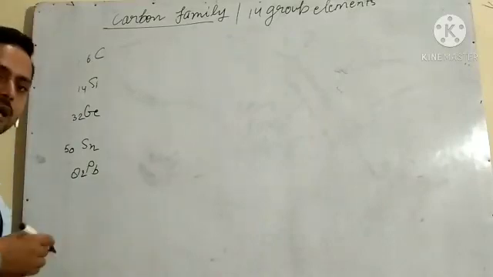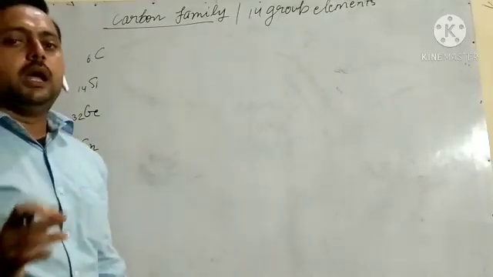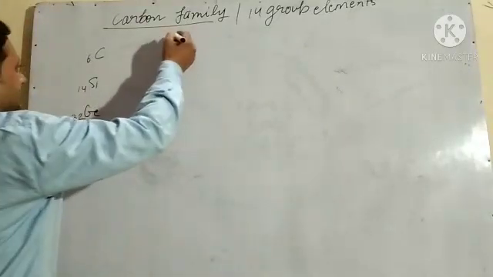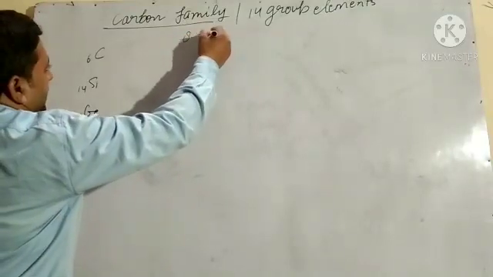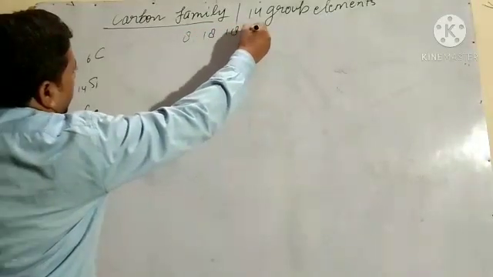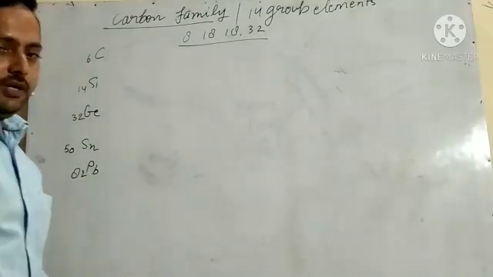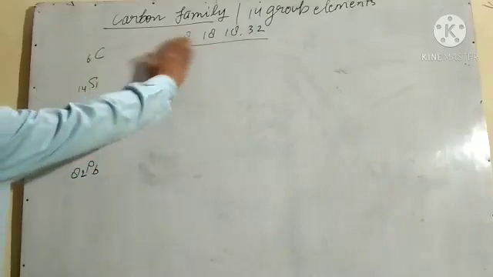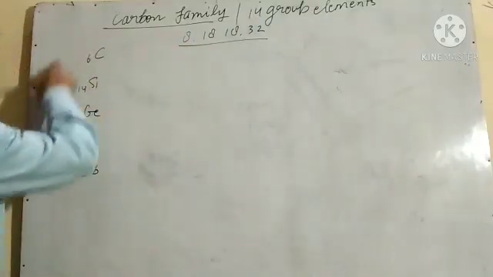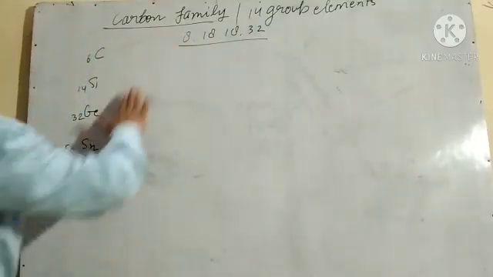If you learn one element's atomic number, you need not learn all the atomic numbers. For that you have to learn just these numbers: 8, 18, 18 and 32. By adding these numbers we will get the atomic number of the other elements.